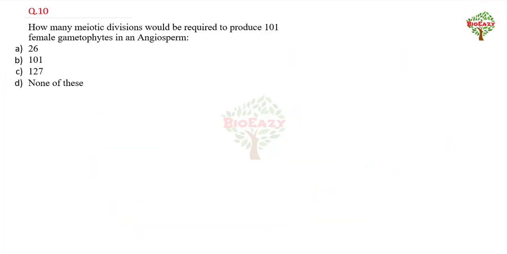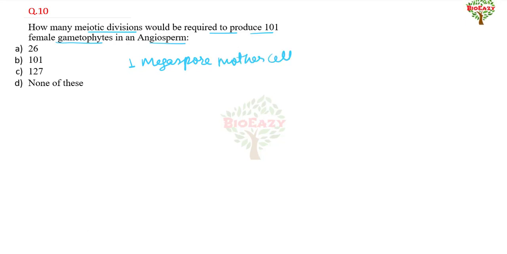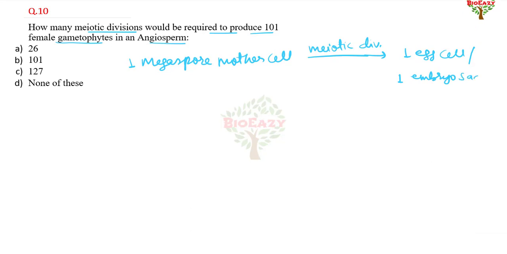Next, 10th question is, how many meiotic divisions would be required to produce 101 female gametophyte in angiosperm? So here we all know, from one megaspore mother cell, and one time meiotic division, only one egg cell, or we can say one embryo sac is produced.